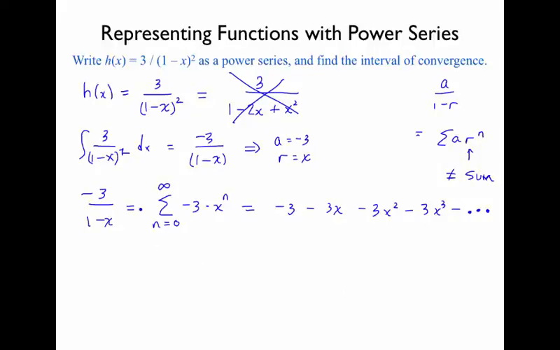So what are we going to do? This is the antiderivative of h. All of these represent the antiderivative of h if x is in the interval of convergence, and that will just be -1 to 1 for this one, just a geometric series. So then h of x is what?